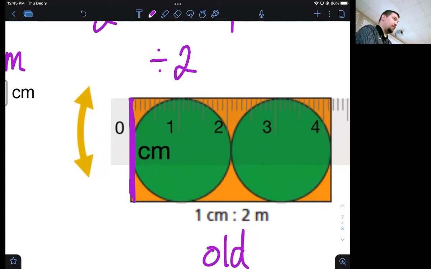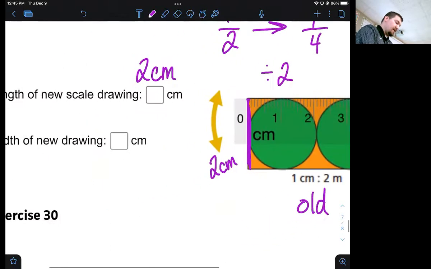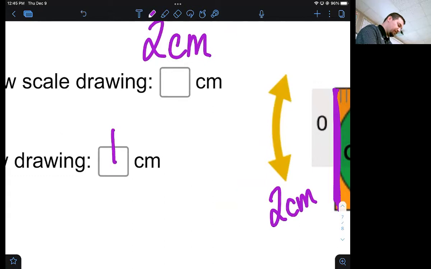That was the last problem. 2.1. You're right, it's 2.1. We'll just say it's 2. I believe they use 2 instead of 2.1. So if the current width is 2, when I do my new drawing, which is half as big, what's the new width going to be? 1. Half of 2 is 1 centimeter.